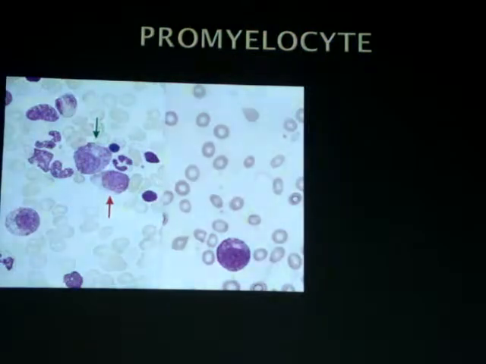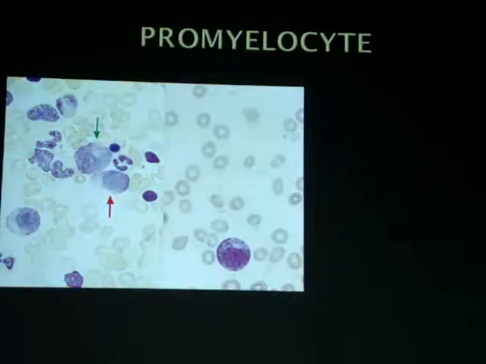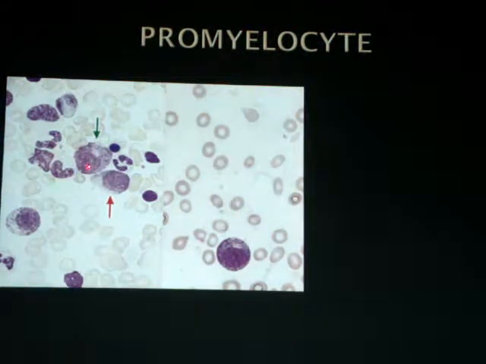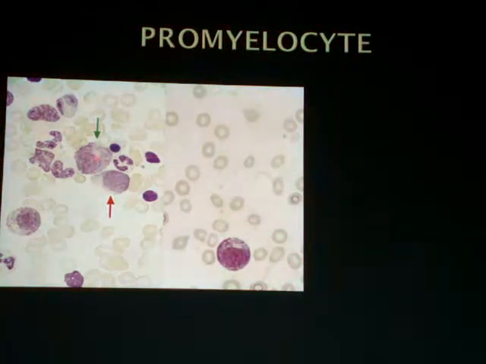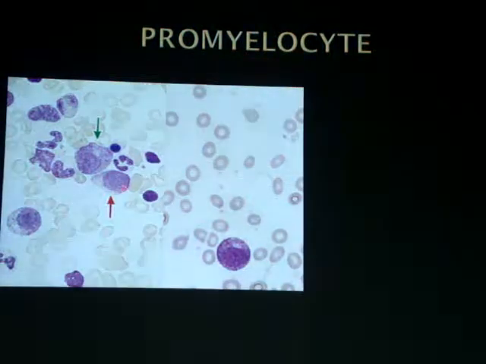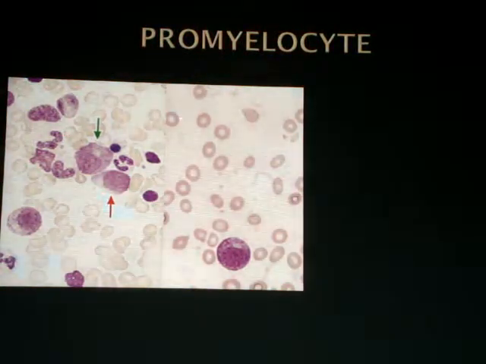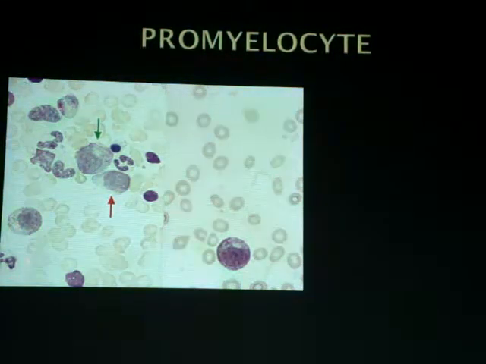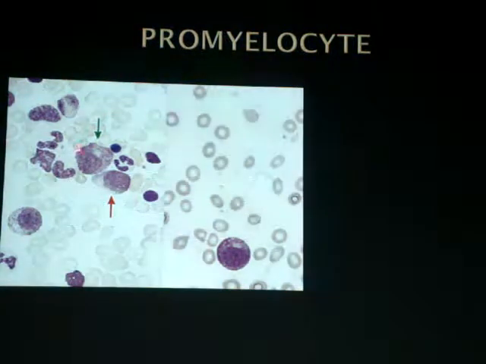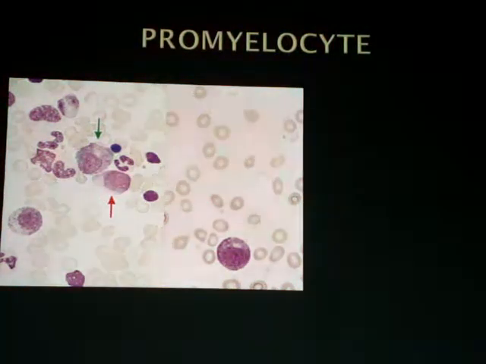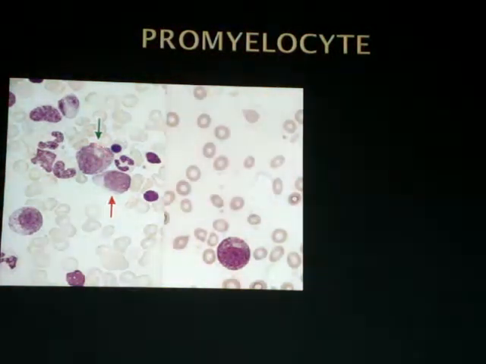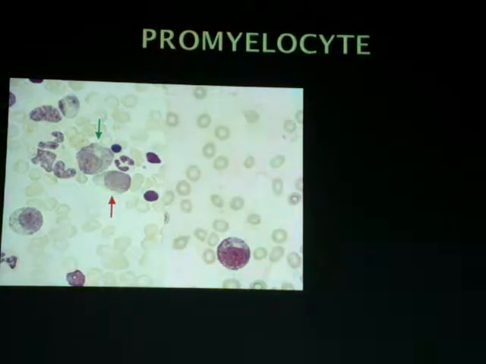If the pronormoblast is the largest in the erythroid, the largest in the myeloid is the promyelocyte. That's a myeloblast. Notice that in this field, we are seeing that the majority are myeloid cells because they are clustered together. There are already azurophilic granules in the cytoplasm.